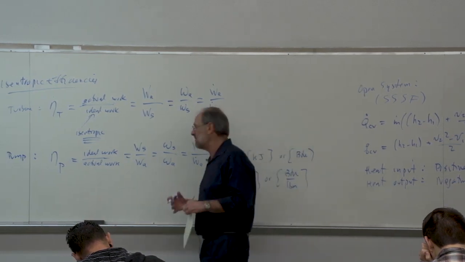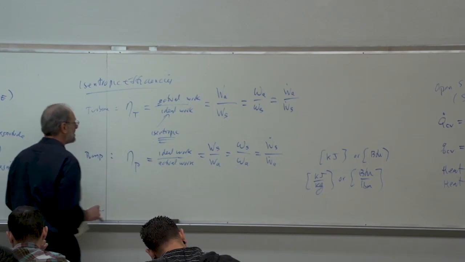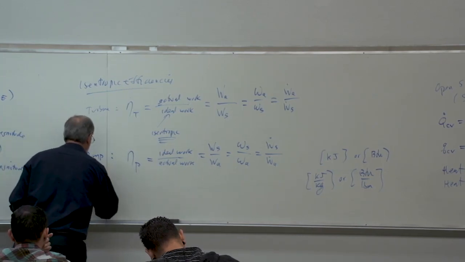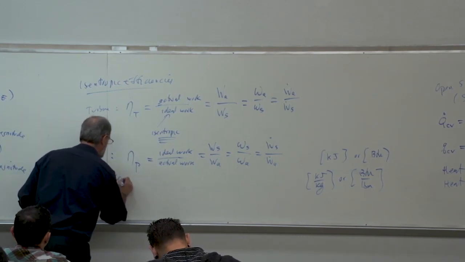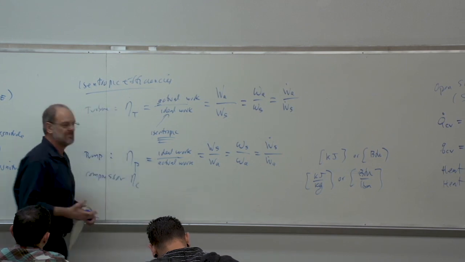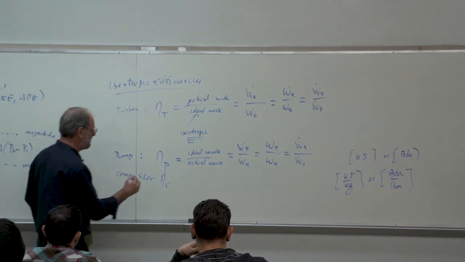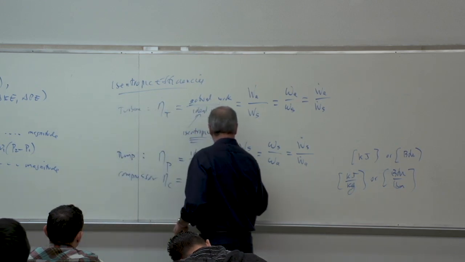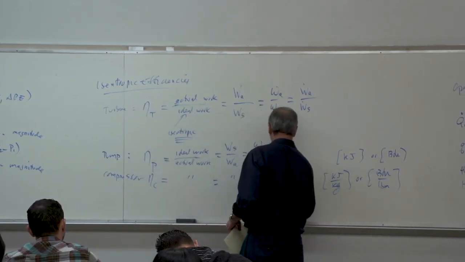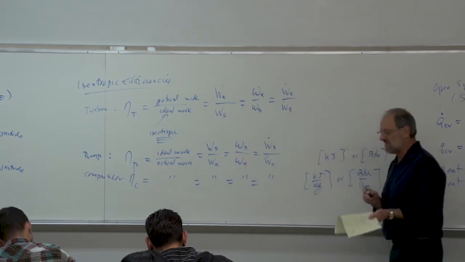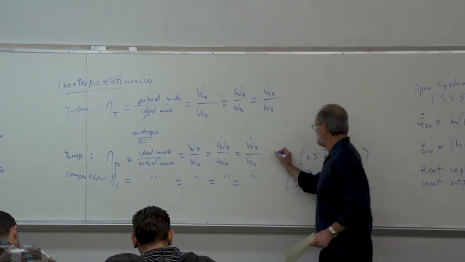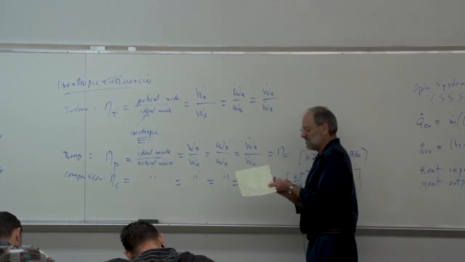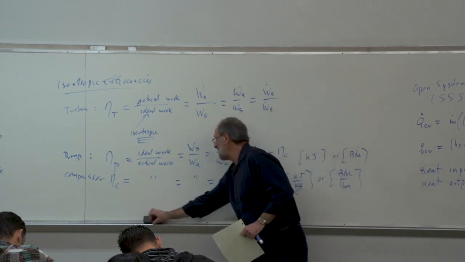Compressors are work input devices. We define the isentropic efficiency in the same way. So for a compressor, we use A sub C for compressor instead of A sub P, but exactly the same as above. I'll just put a bunch of dittos so we know that everything's exactly the same. If you prefer, just go over here and write equals A sub C. It's the same equation.